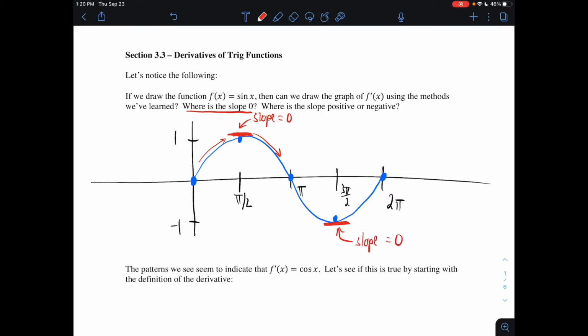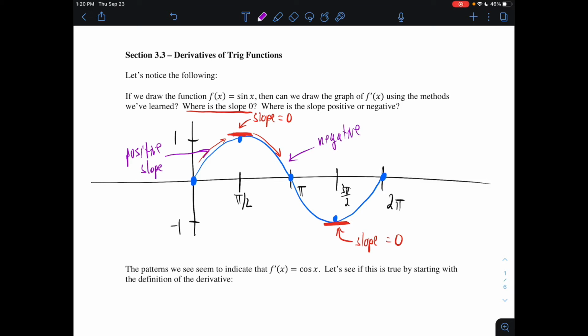And then between those places, we have positive or negative slopes. So from 0 to pi over 2, we have a positive slope. And then from pi over 2 all the way down to 3 pi over 2, we have a negative slope because it's decreasing.